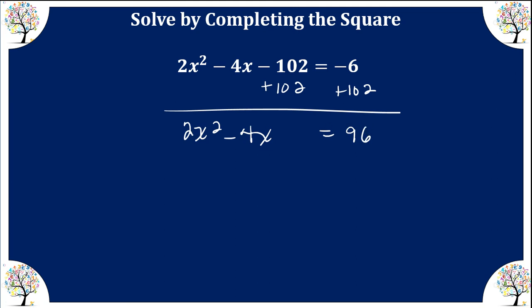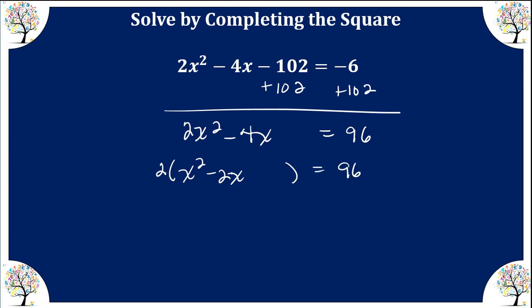The next thing we check for, our a value needs to be 1. It is not, so we're going to divide out that 2, not a GCF, just the 2. And you're only dividing out the 2 or factoring out the 2 of the things that are on the left side. So we have x squared minus 2x equals 96.